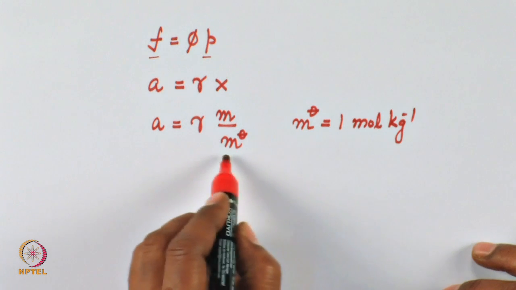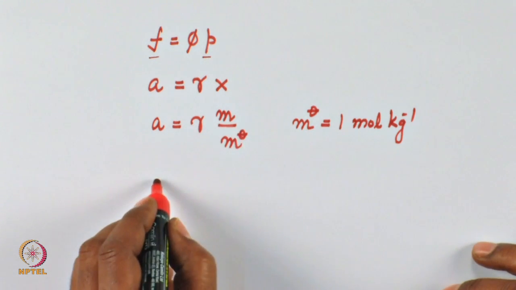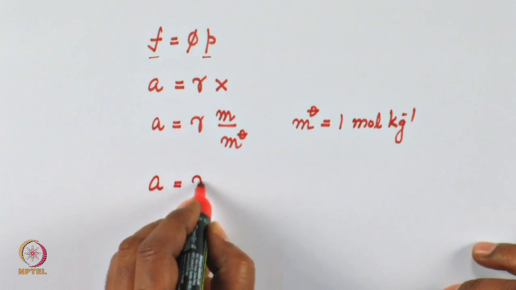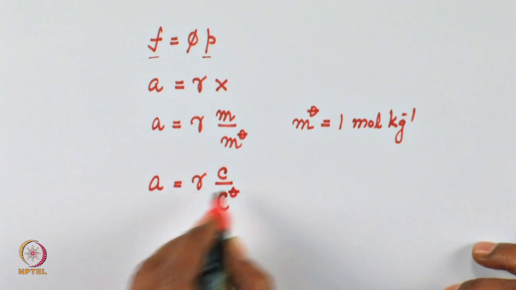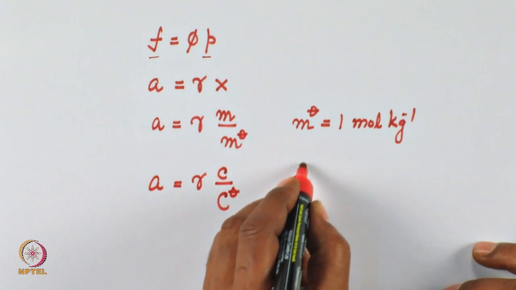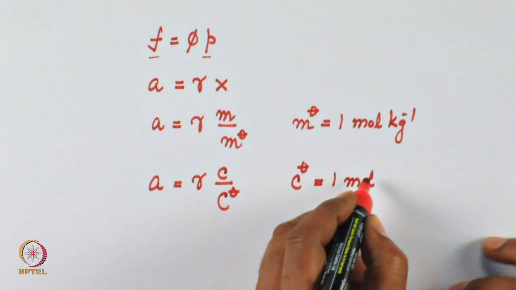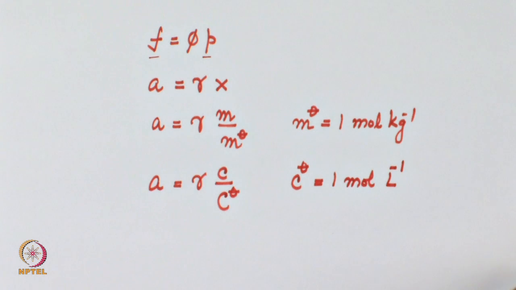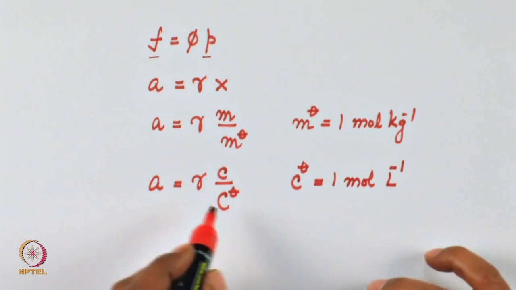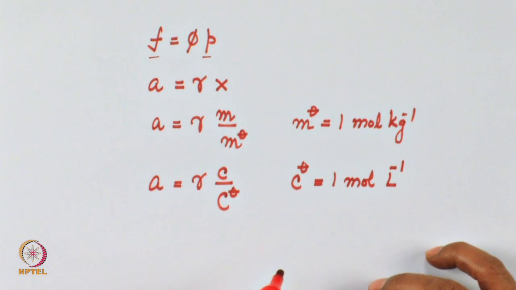Why is this m naught introduced? To make this a dimensionless quantity. And if we want to express activity in terms of C, this will be defined as C by C naught, where C naught is equal to 1 mole per liter or per decimeter cube. Here also C naught is introduced to make activity a dimensionless quantity.